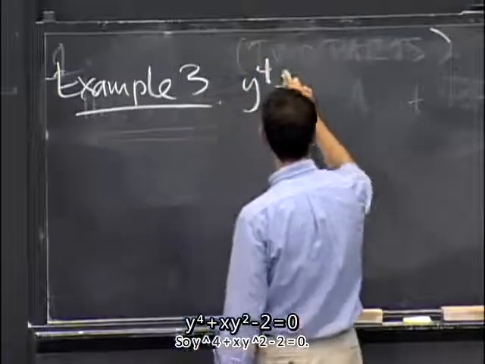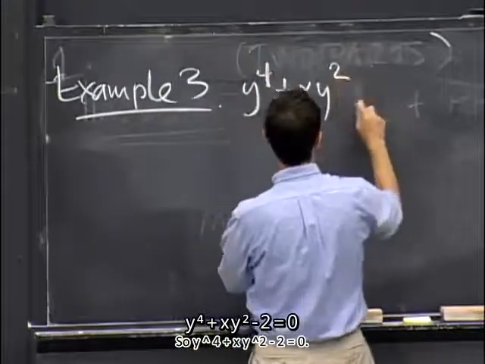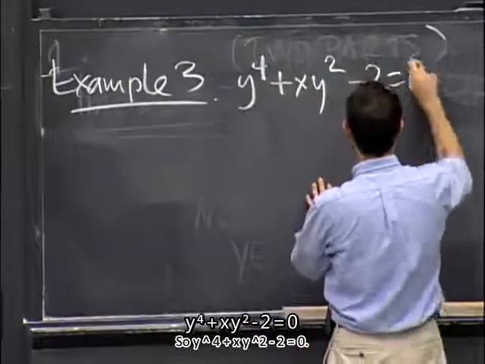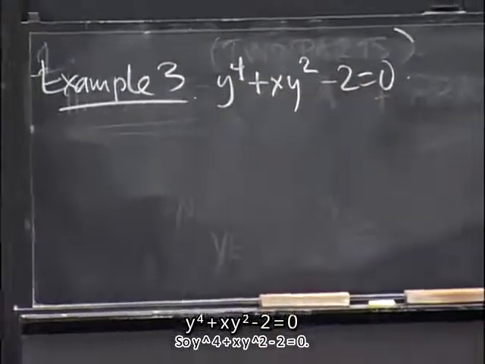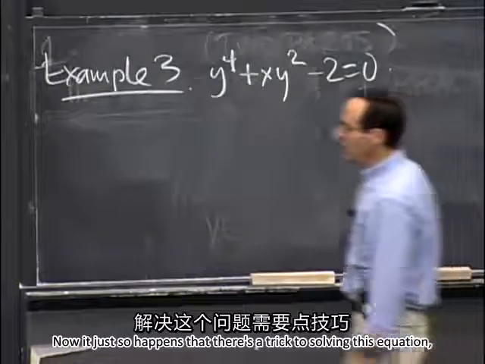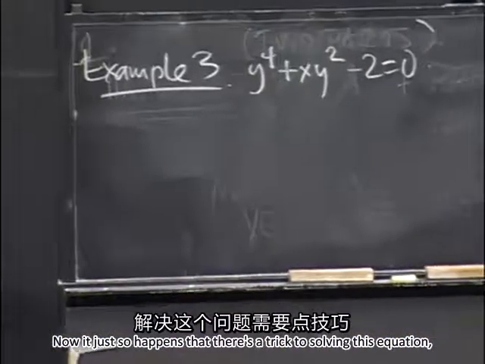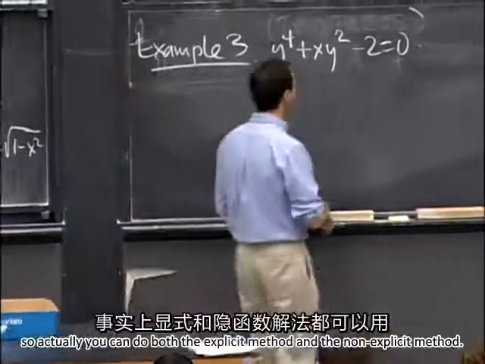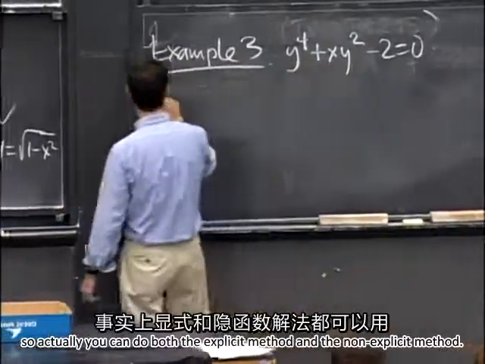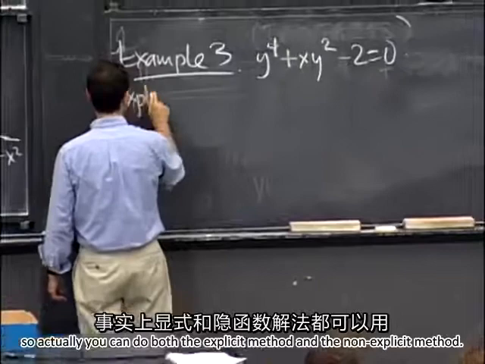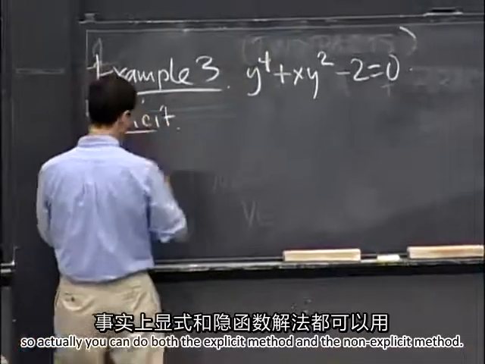So y to the fourth plus xy squared minus 2 is equal to 0. Right? Now, it just so happens that there's a trick to solving this equation. So actually, you can do both the explicit method and the non-explicit method. Okay?